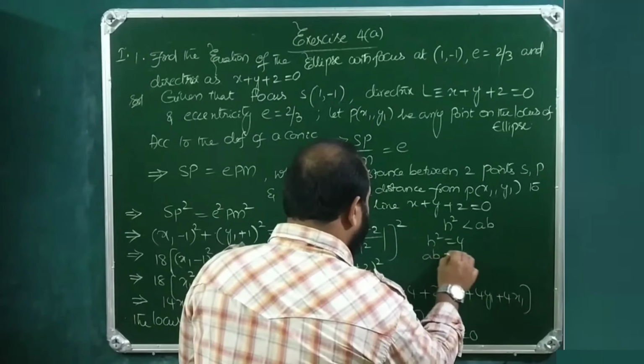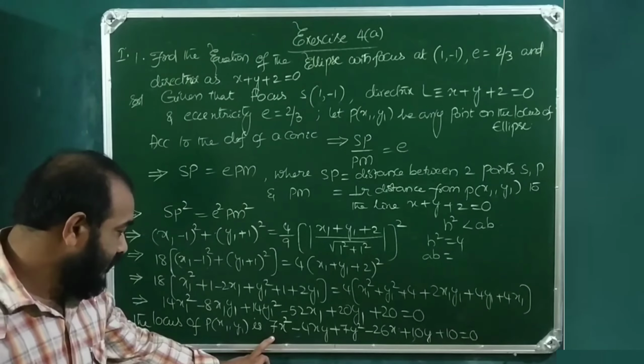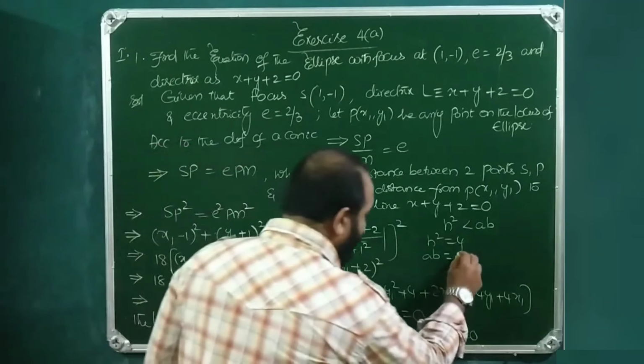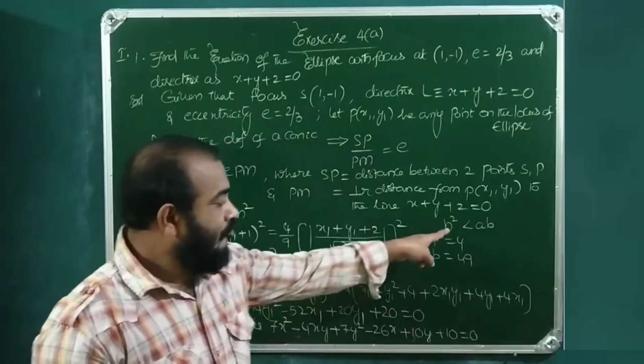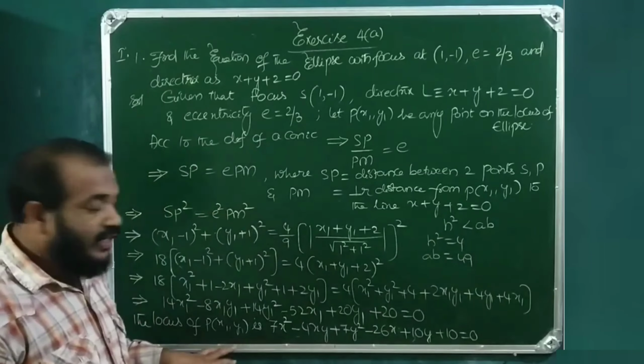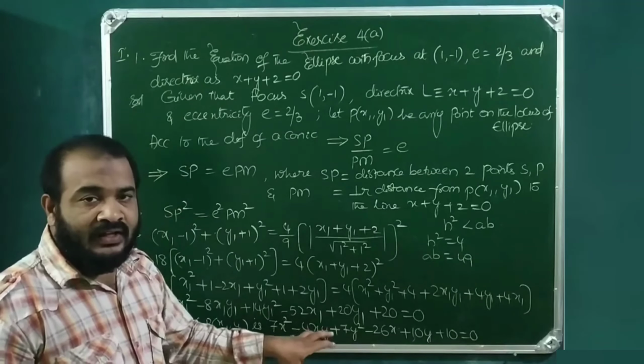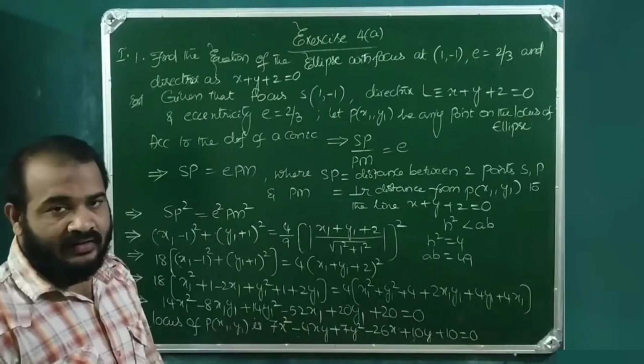And ab is 7 into 7, which is 49. So obviously 4 is less than 49. Therefore this second degree non-homogeneous equation represents the equation of the ellipse.